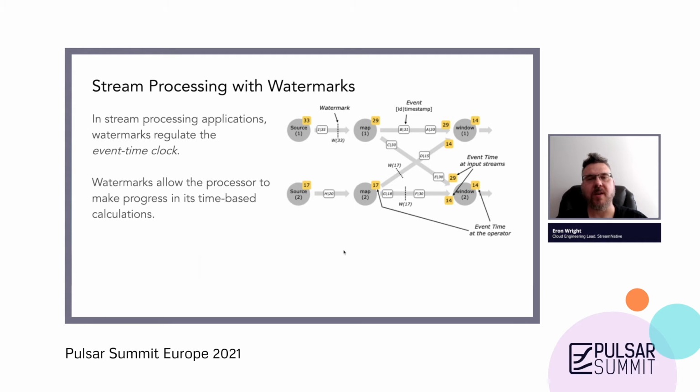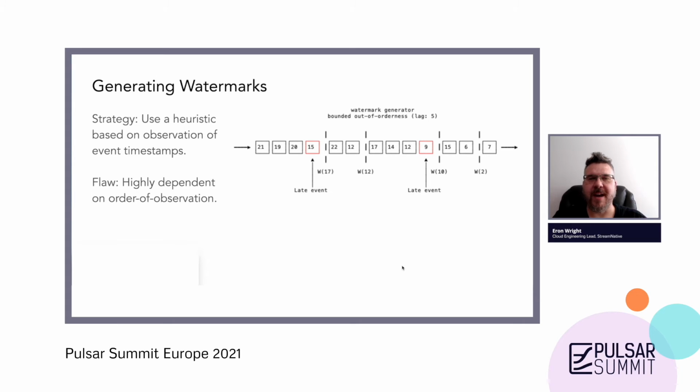Because watermarks drive computation in a stream processor, the correctness of the watermark is very important to producing correct program output. Let's talk about how watermarks are generated.